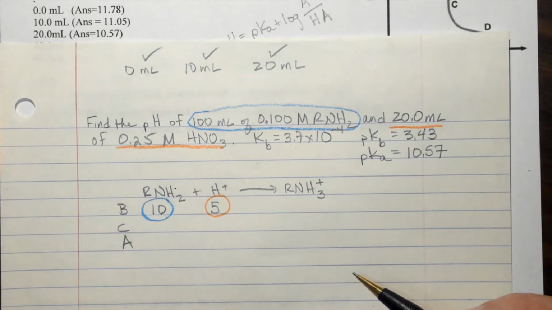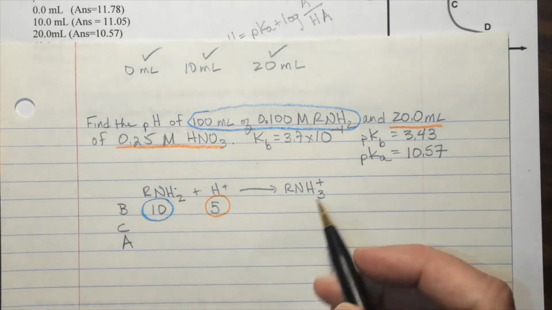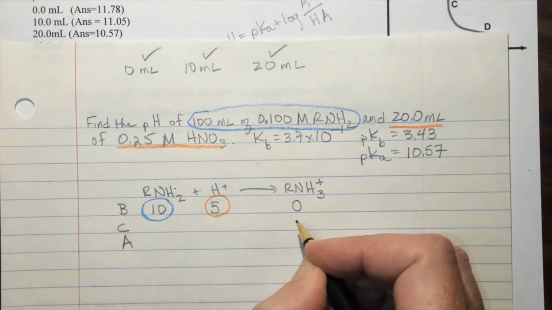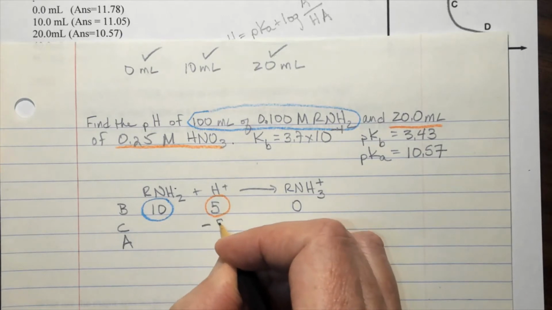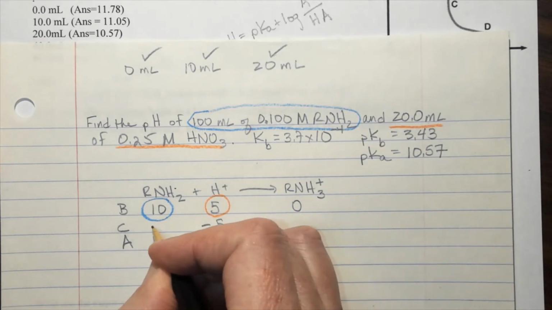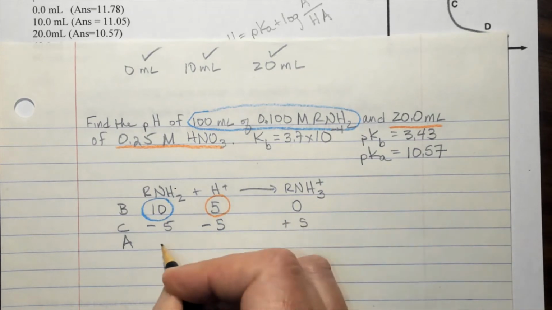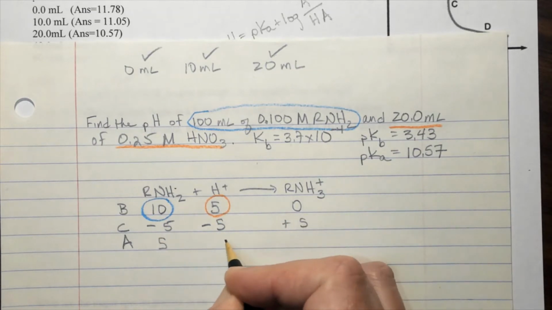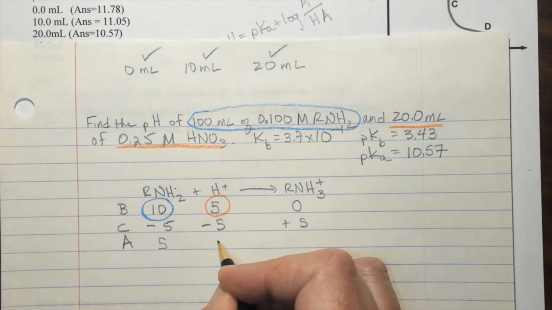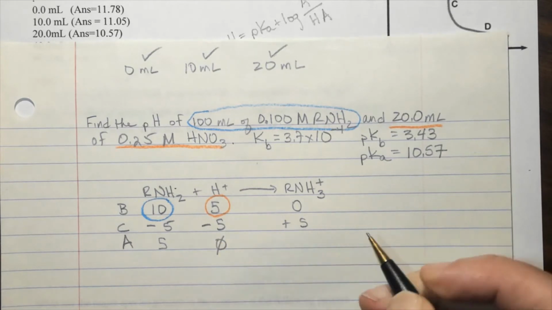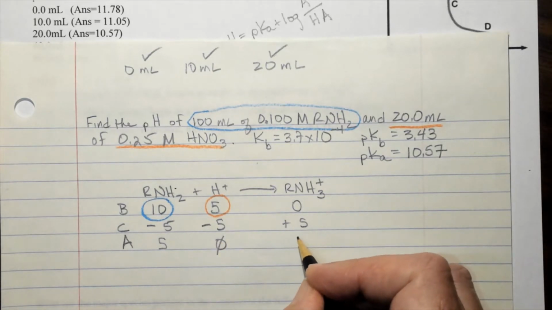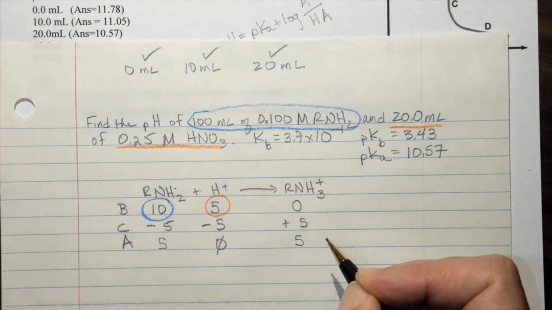So once again, we're setting up a BCA table. We're going to be losing hydronium ions, since that is our limiting reagent. So we end up with 5 millimoles, remember this is millimoles, none of the hydronium ion, and 5 millimoles of the ammonium ion.